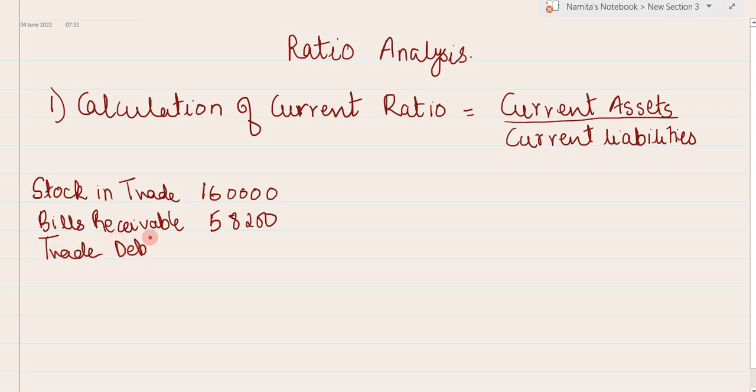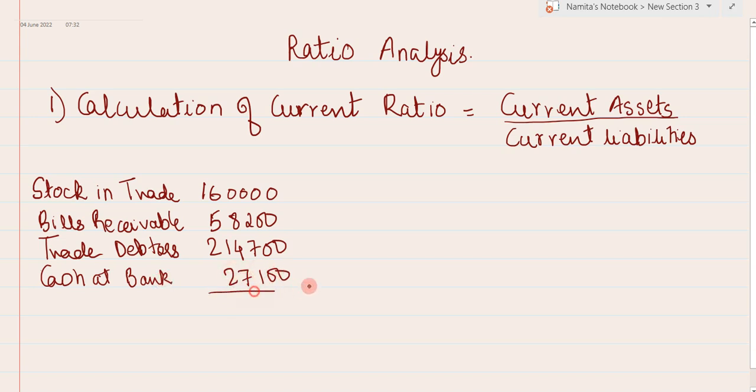These are all current assets. Okay, so add all these current assets: 1,60,000 plus 58,200 plus 2,14,700 plus 27,100, the total is 4,60,000.